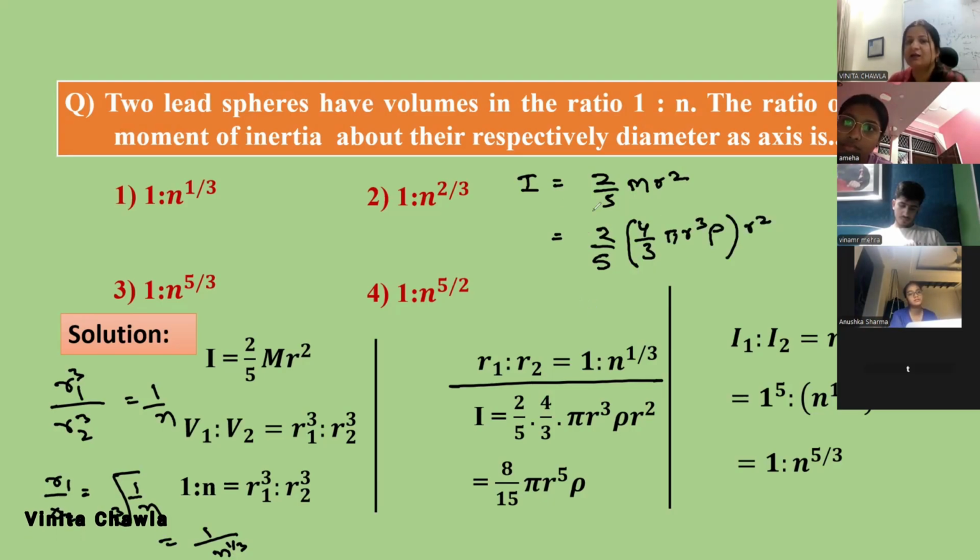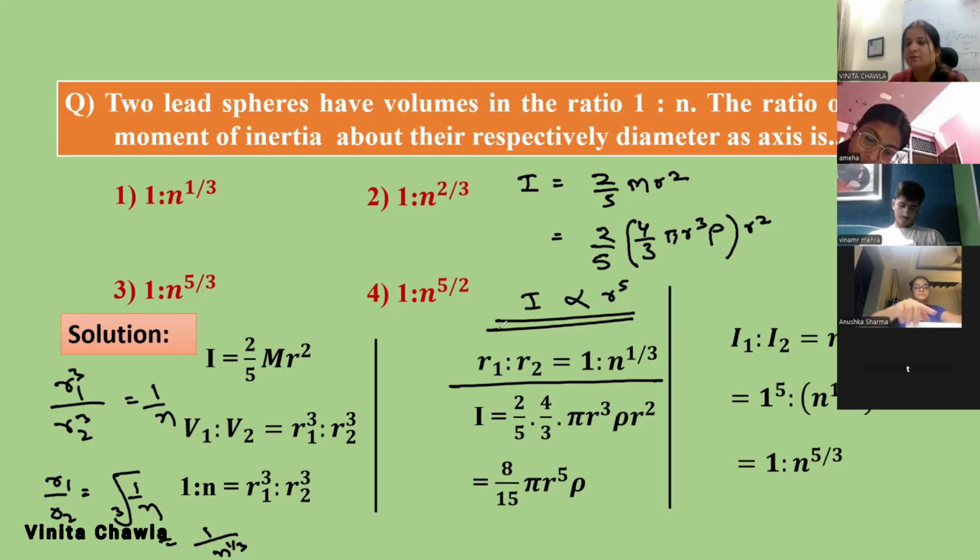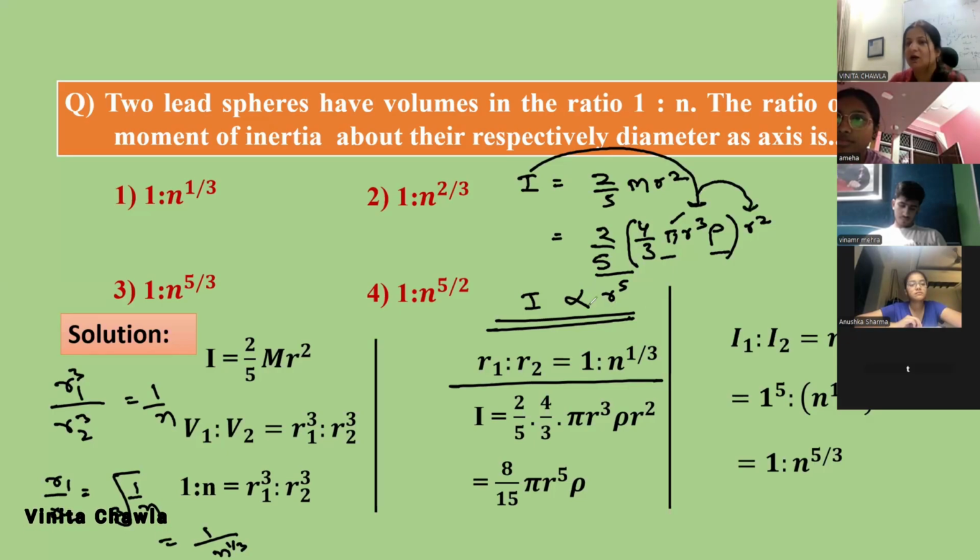So we can see that this moment of inertia depends on r cube and r square. It's r raised to the power 5. Because these values are constant, density is constant, pi is constant, these numbers are constant. So we can see that I depends on this and this. R raised to the power 5. है ना?